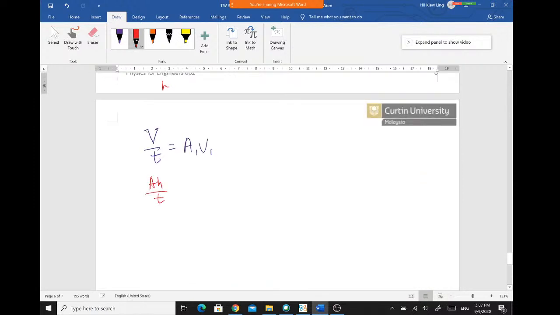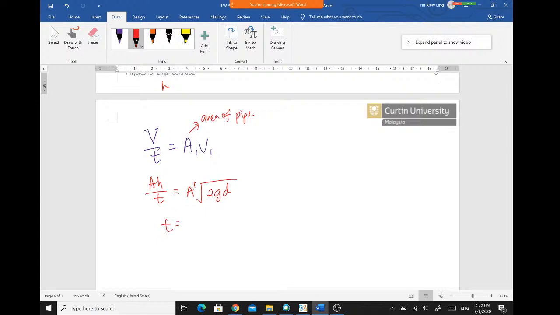Divided by time. A1 will be the area of the pipe. Based on the question, the cross-sectional area of the pipe is A prime. So velocity 1 is what we found just now, root of 2gD.